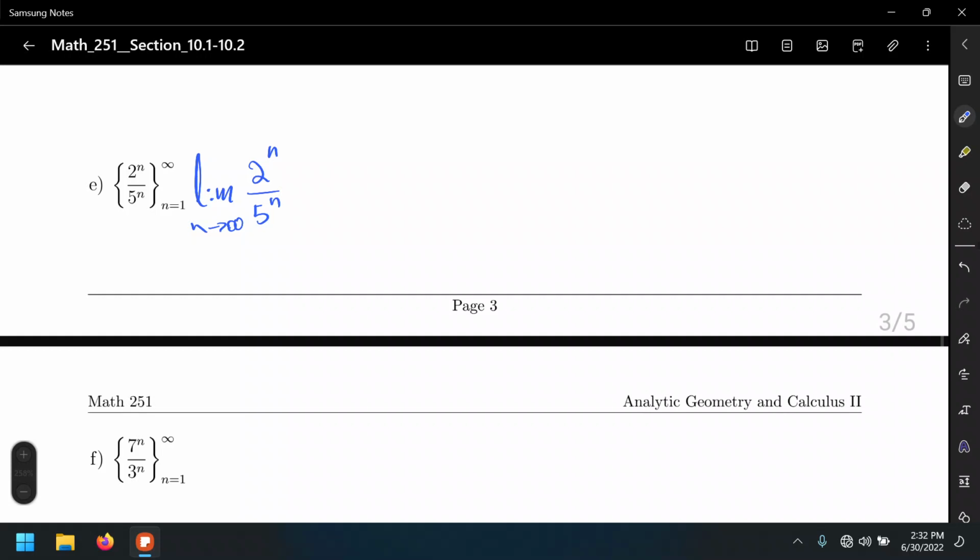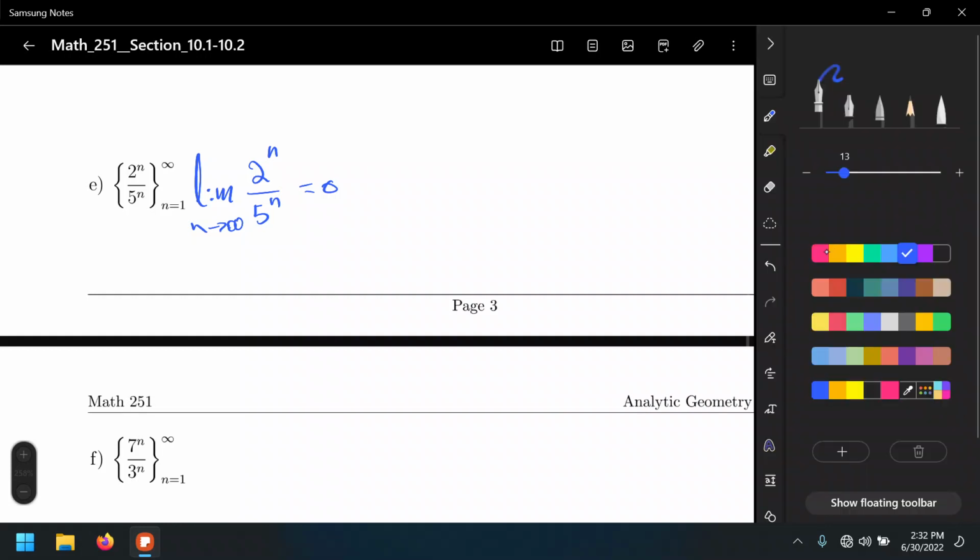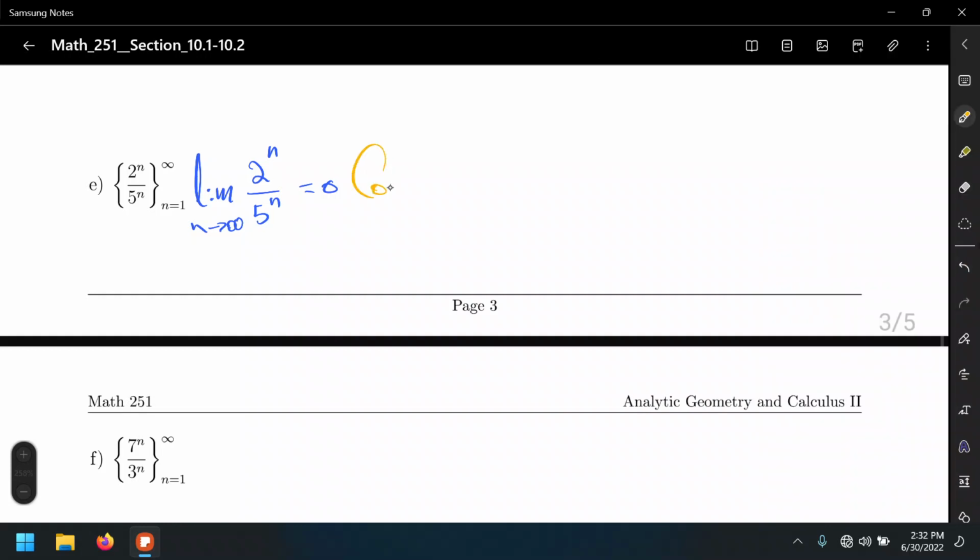It's a decreasing function. Well, in this case, clearly the denominator is going to get bigger than the numerator. When we divide by a larger number for larger values, the denominator gets really big, and when we compute that, it's going to end up being just 0. And in this case, converges.